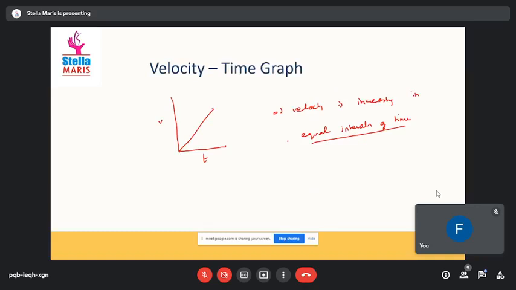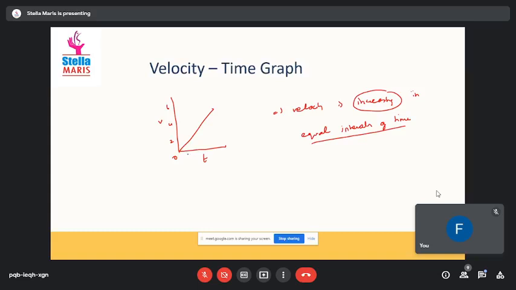Anybody? See, the velocity is increasing in equal intervals of time. But how is that increasing? That is how far it is increasing. What you have to know here, let's say this is 0. Okay, this is 2. This is 4. This is 6.